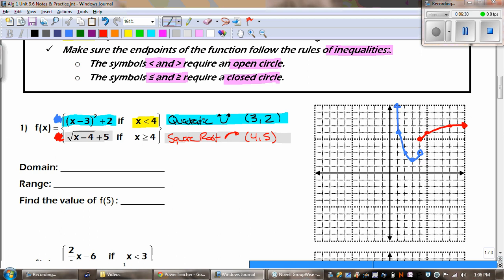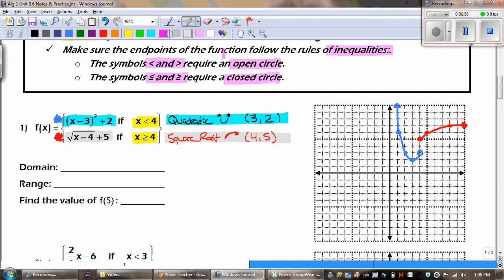Now, the reason my red point at 4, 5 is closed is because x is greater than or equal to 4 right there. So it's closed. Now, our domain. Remember, our domain is our x value. Are there any limits to x?